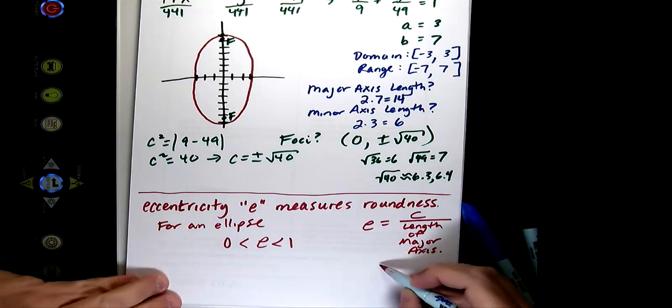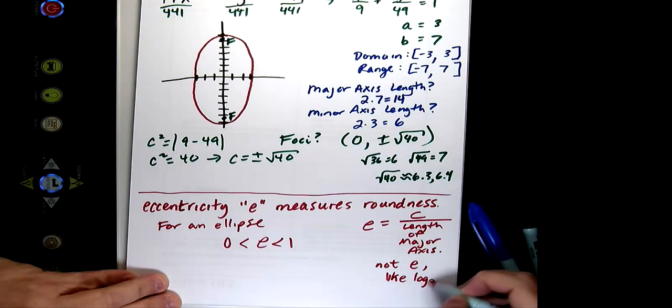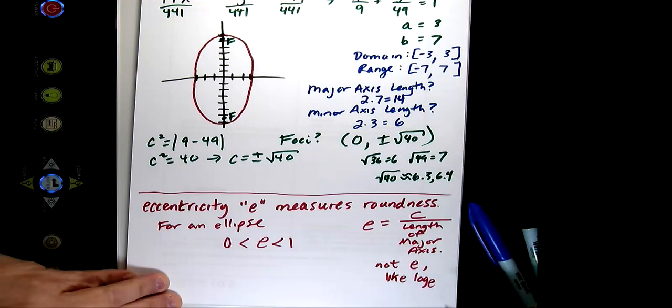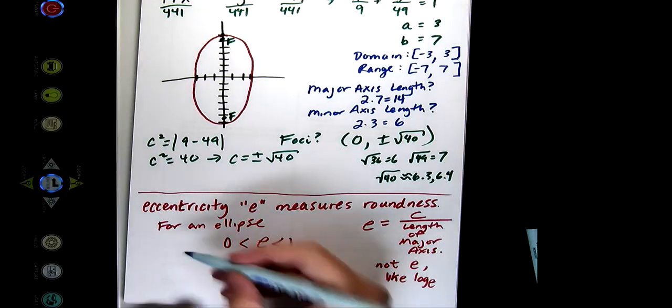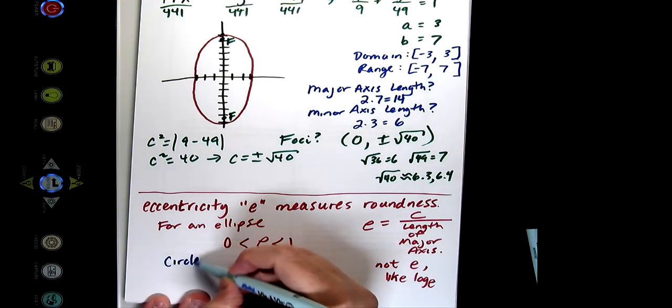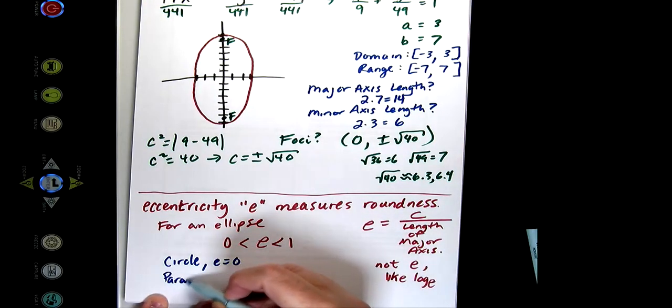This is not E like log E, a different kind of E. For a circle, it's 0. And for a parabola, E equals 1.